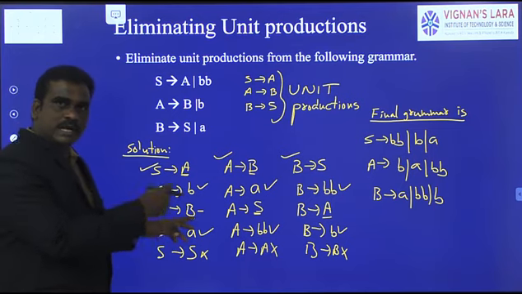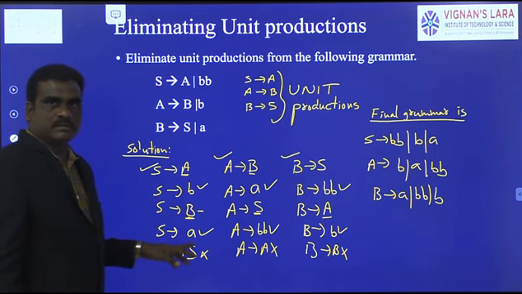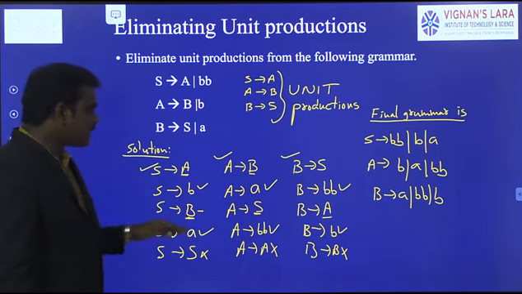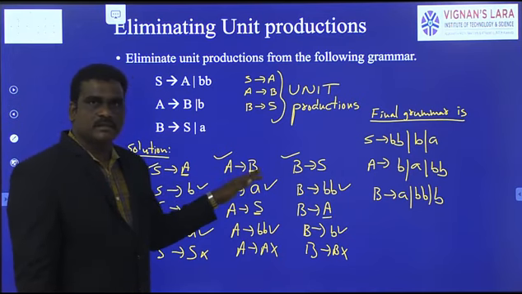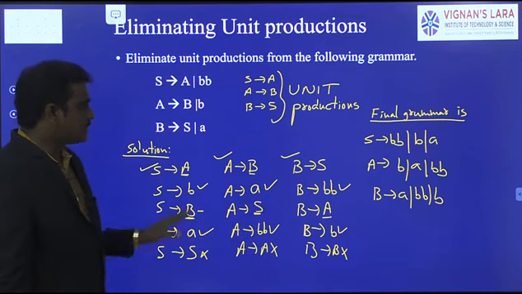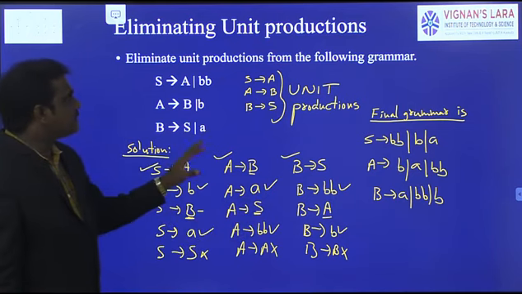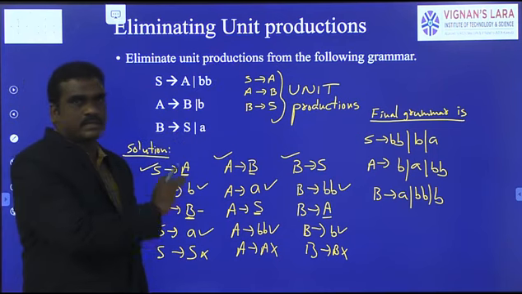Again, repeat the same cycle. B is a non-terminal, so write the B productions. Like that, the right hand side symbol is replaced with those productions. So this is the approach. In this way, we have eliminated the unit productions. So this is the second step.